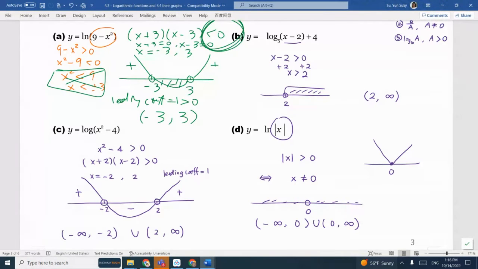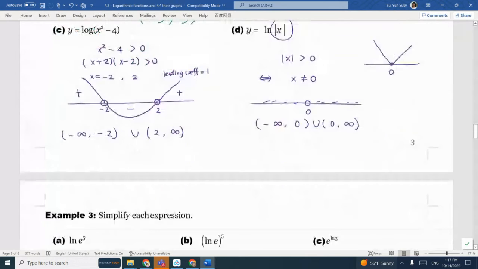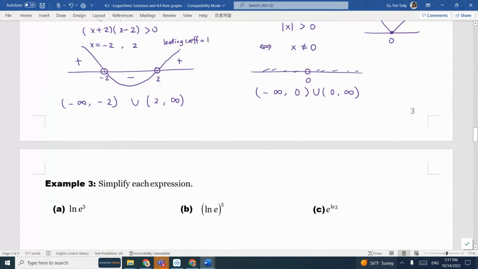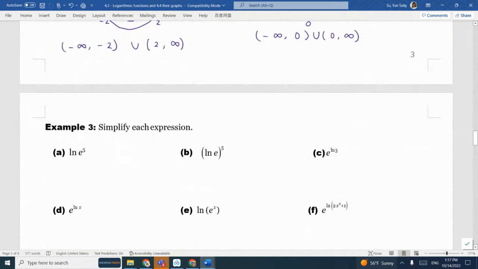So far, so good, everybody? Awesome. Okay, very good. Let's continue. Simplify each expression. Now keep in mind that ln of x and e to the x are inverse functions.